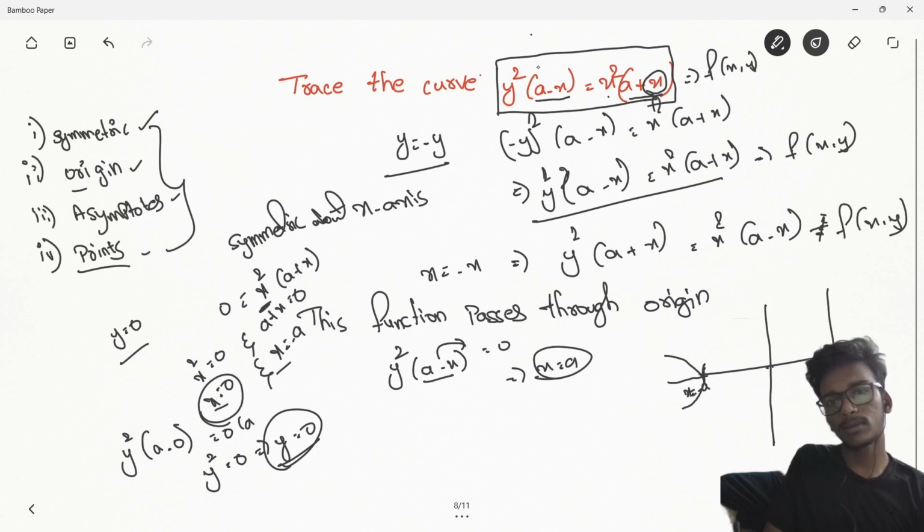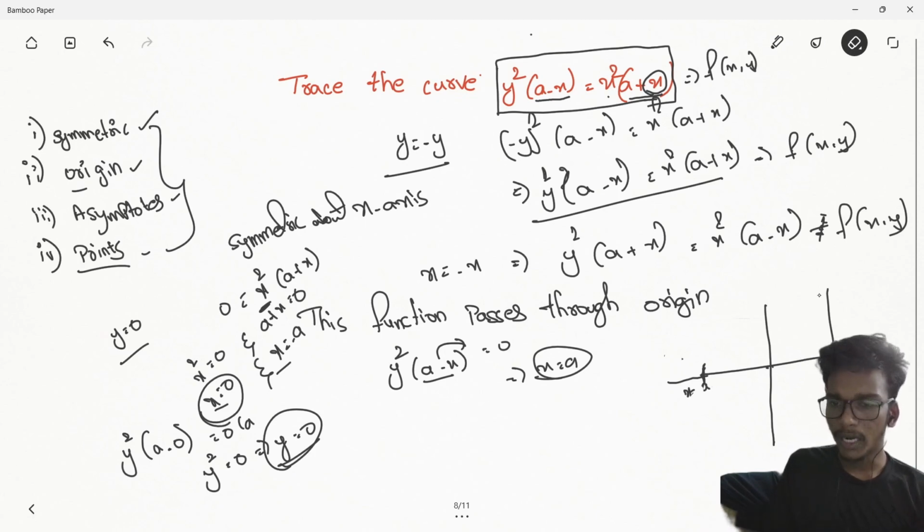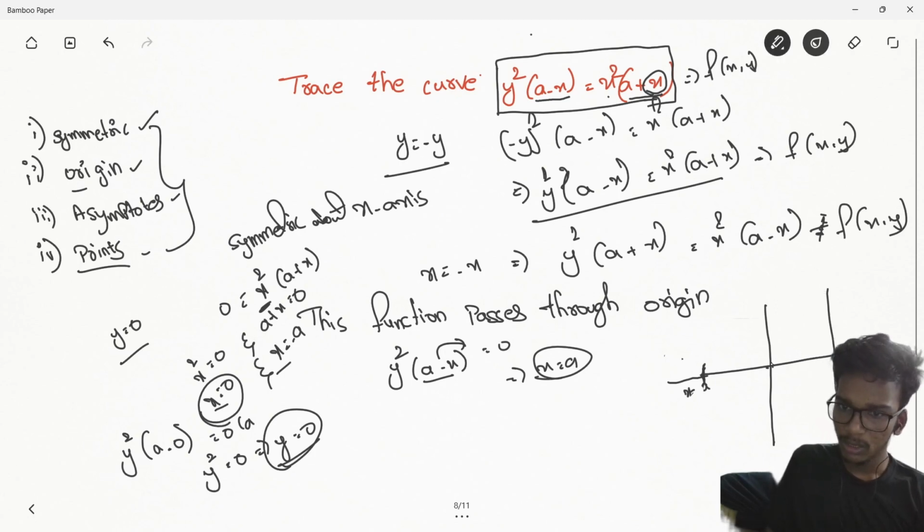Positive into positive. Here, the left hand side has to be positive, but we are getting a negative value. A positive term will never be equal to a negative term. So we can say that x values can't be greater than minus a. That means the function will be bounded between x equal to minus a and x equal to a. And at x equal to a, it goes to infinity. That means the function has to pass through origin and it touches this line at infinity. The same thing has to be replicated.